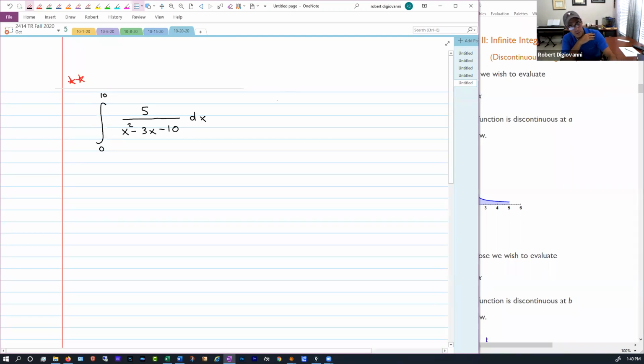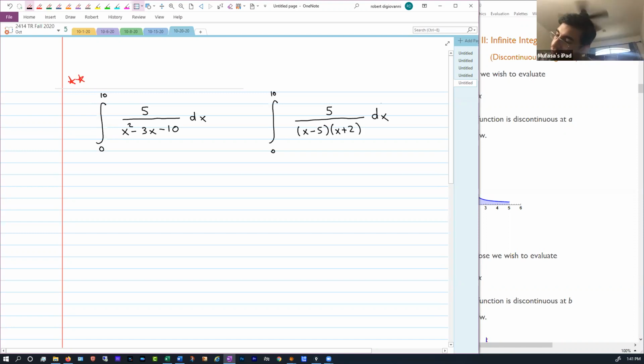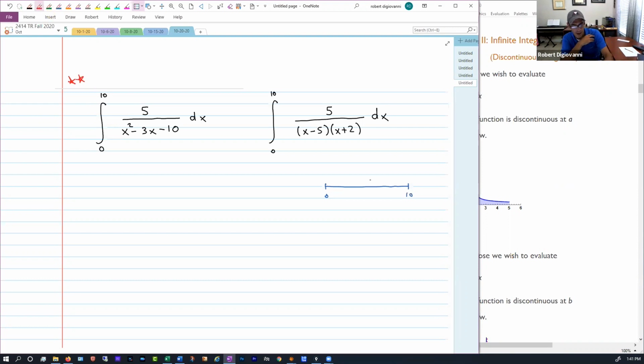So you have to factor. The bottom becomes, I heard someone say, x minus 5 times x plus 2, right? And there it reveals itself to you. We're looking at the interval from 0 to 10, and we actually have a problem at 5.